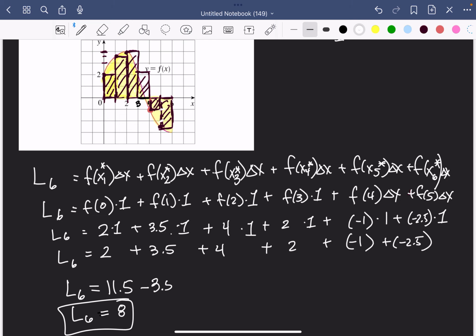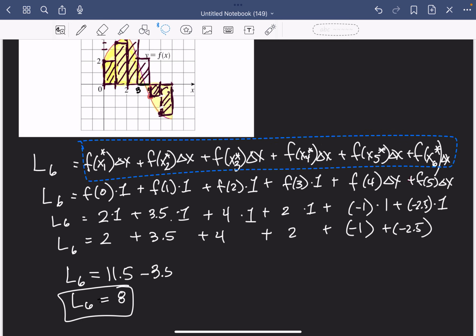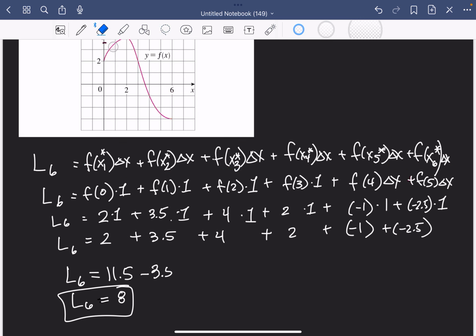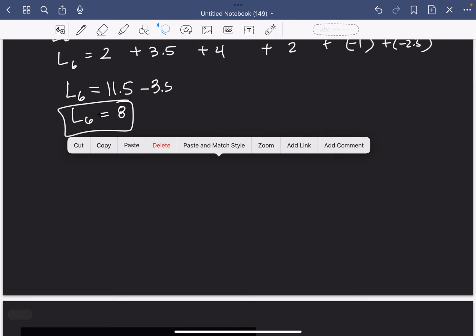If we do the midpoint, it's going to be very similar, right? We're going to take this exact process that we had before. Inside of each subinterval, we are going to sample. So we take all of this and use the exact same process. I copy, I come down here and I hit paste.